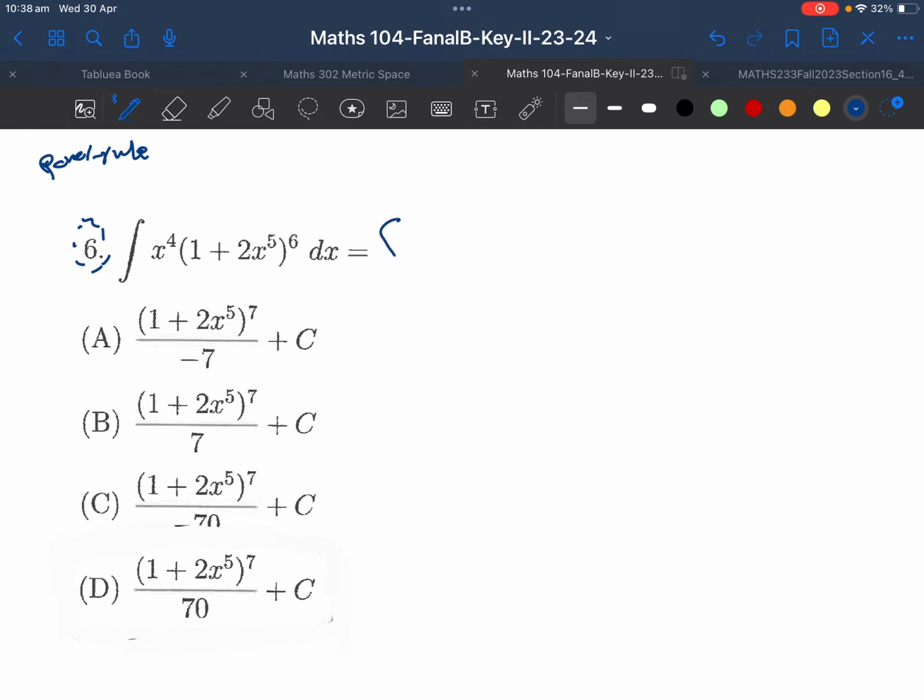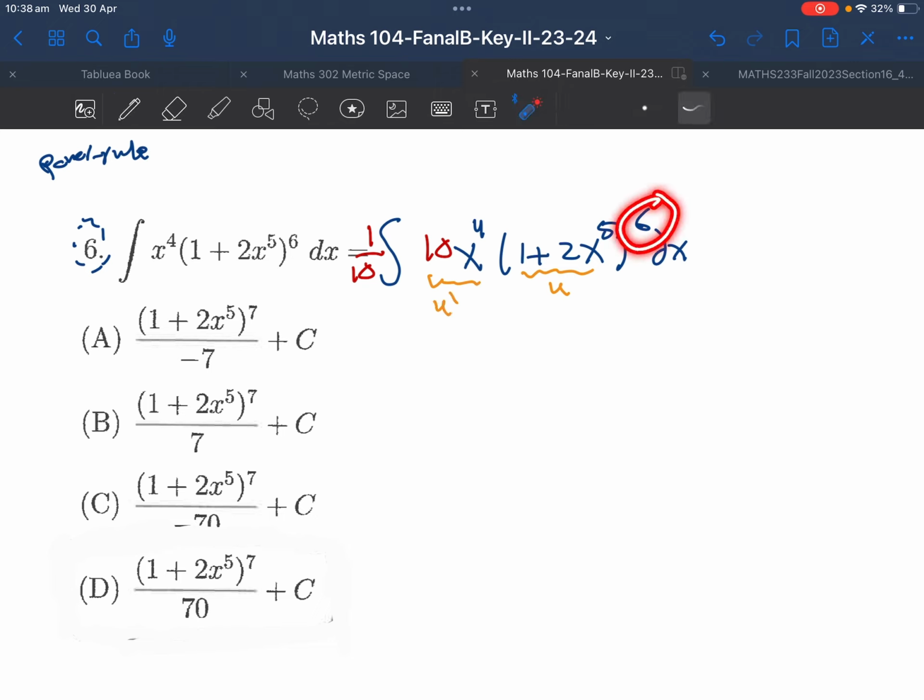So I'm missing the 10. So how do we do that if we are missing the 10? I'll just add this 10 so that I can go ahead with it. So add this 10 and divide by this 10. Now we are in the perfect situation. This is u and this is u prime. So the answer is just add 1 to the power and divide by the new power.